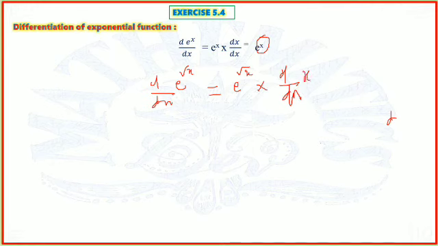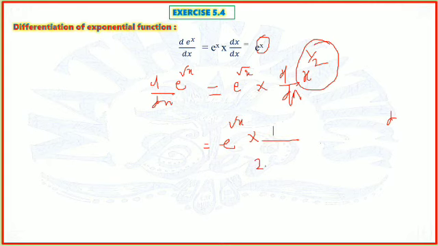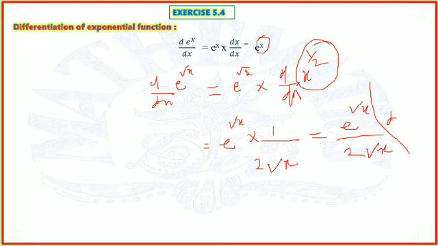The root x can be written as x power 1 by 2. So this is equal to exponential root x into the derivative of x power 1 by 2, already explained, 1 by 2 root x. So its overall derivative is exponential root x upon 2 root x. So that is the exponential function.